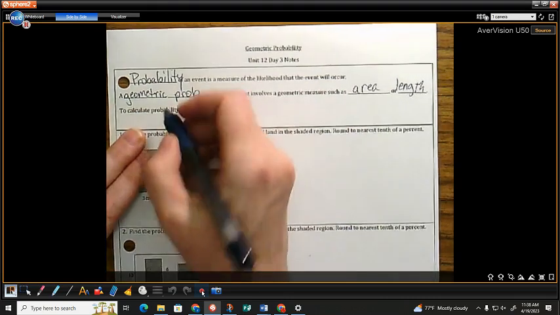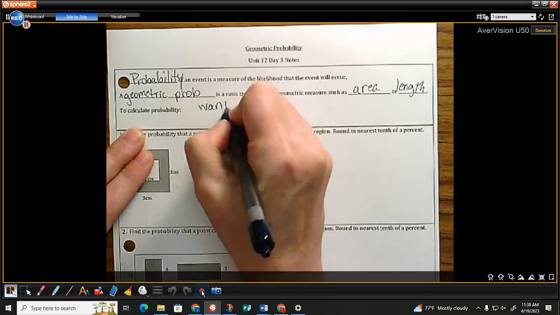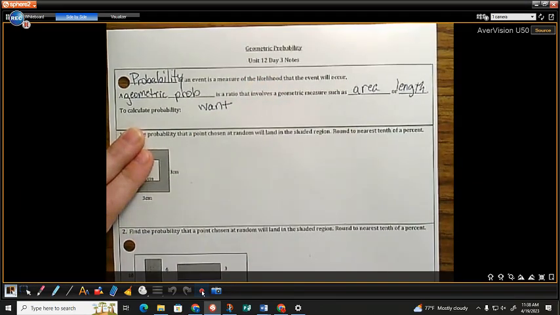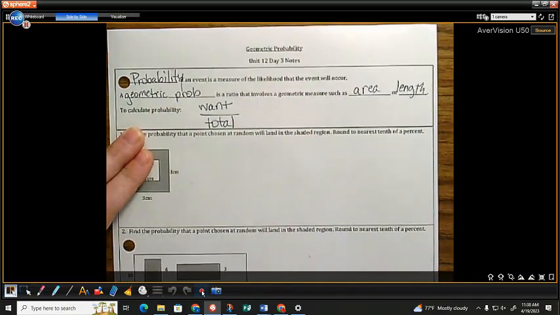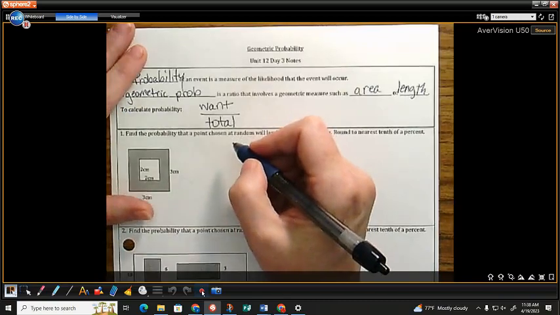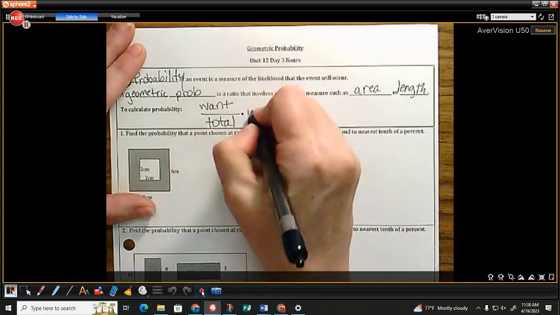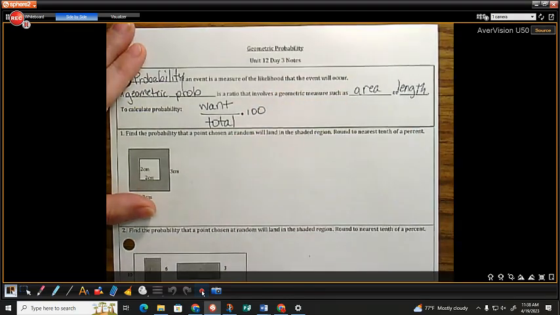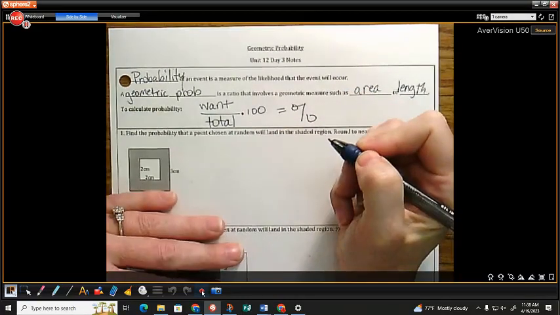Okay? So to calculate probability, you need to find the amount of what you want out of the total of everything possible. And that's going to give you this ratio. You put it in your calculator and you get a decimal. Then you times it by 100, which is moving the decimal 2 places, and it gets you a percent.